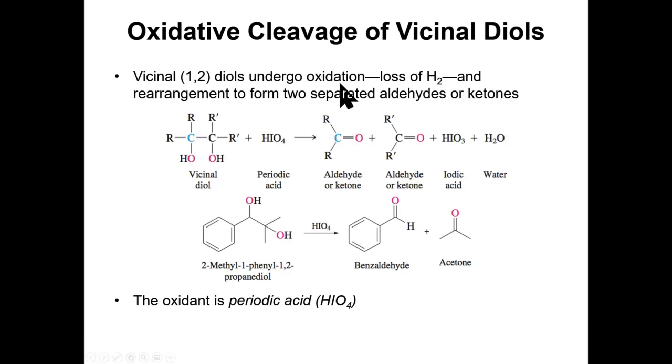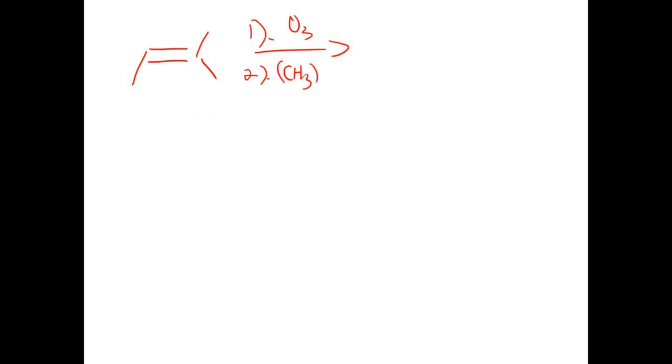If you recall, in the ozonolysis reaction in organic 1, if you have an alkene, you treat it with ozone, then a reducing agent, which could be dimethyl sulfide or just zinc, water. This will give you 2 carbonyl compounds.